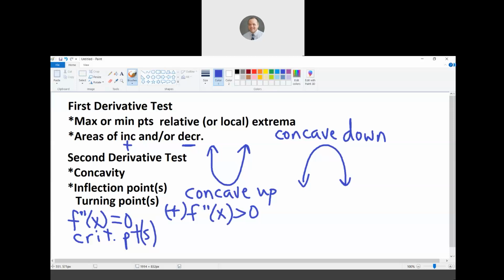On your number line or sign chart, if you see a negative sign, that means your second derivative is less than 0, and that indicates that your function is concave down at that particular interval.